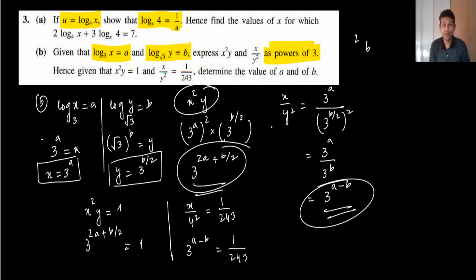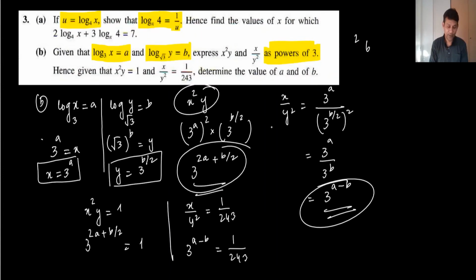243, I can make it a power of 3, as we have done. Let's see, 243: 1, 2, 3, 4, 5.